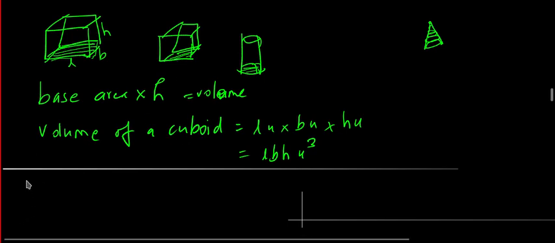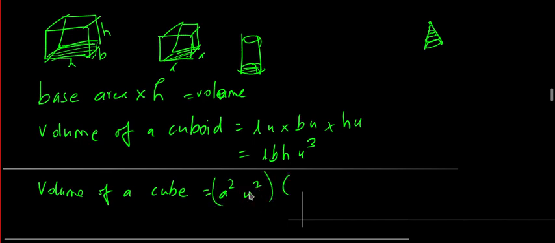If we take a cube, what is the volume of a cube? It is nothing but the base area into height. What is the base area? A into A becomes A square units, into the height also.